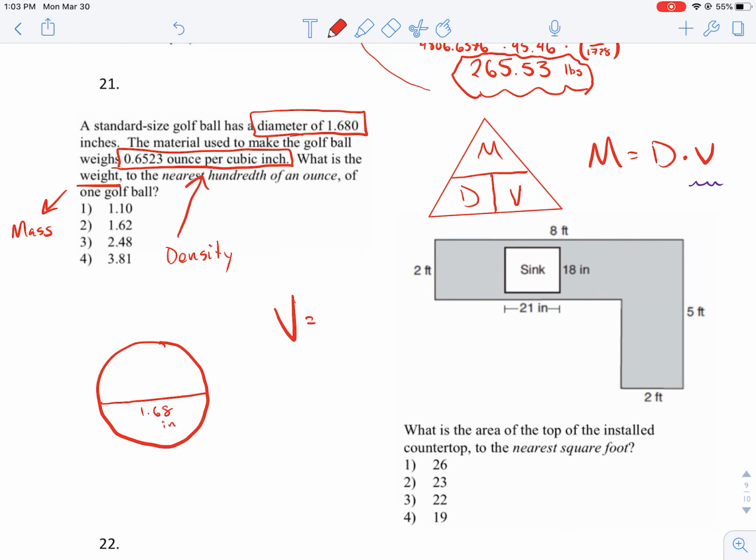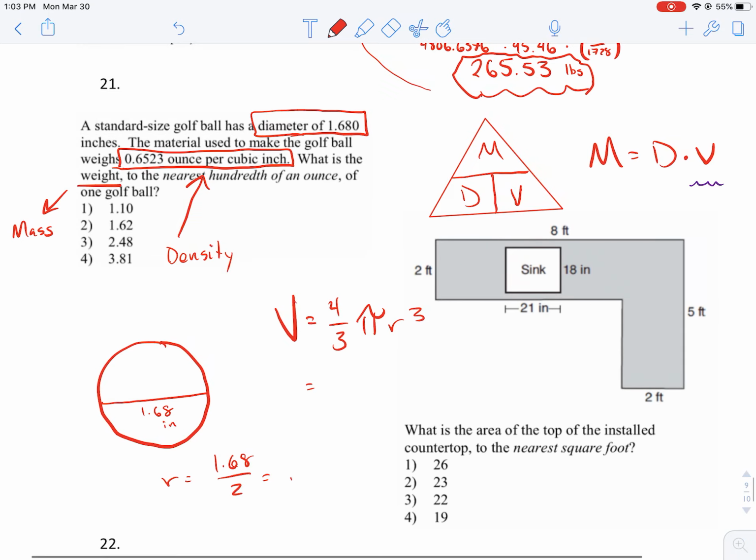The reason why I'm talking about the diameter is because the volume of a sphere is 4/3 pi r cubed. So to find our volume, we need our radius, which is just 1.68 divided by 2. I don't know what that is off the top of my head. 0.84.